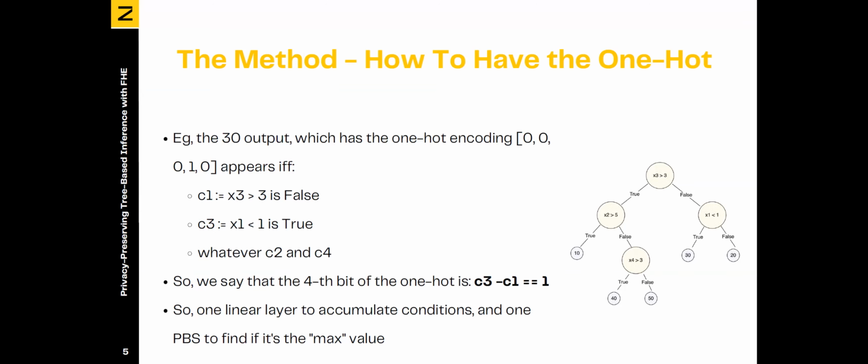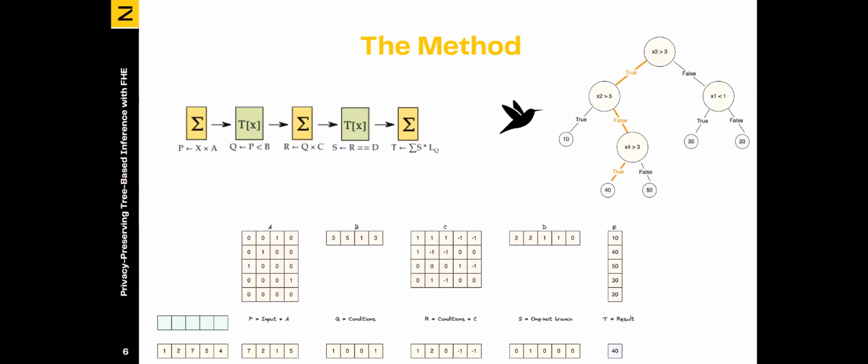Then you have a PBS just to check whether the value is 1 or whether it is smaller. If it is 1, you return 1 because that's a good, final branch. And if it is smaller, you return 0. So as you can see, it's possible to compute all the bits of the one-hot vector just with some linear operations and then a layer of PBS.